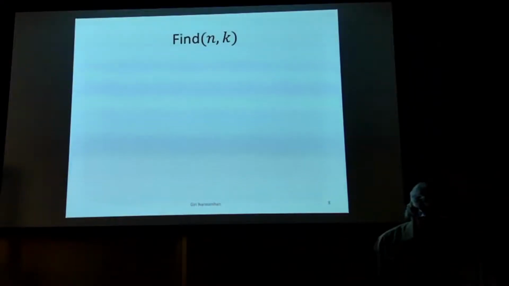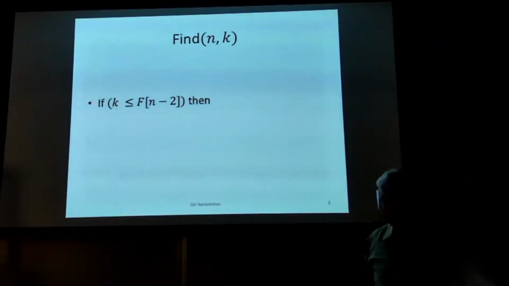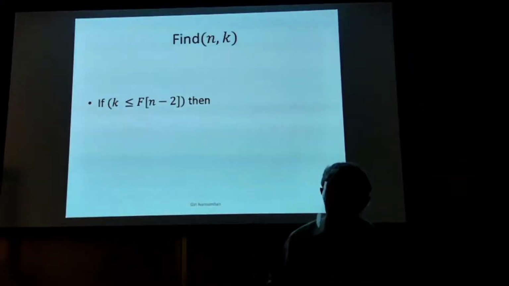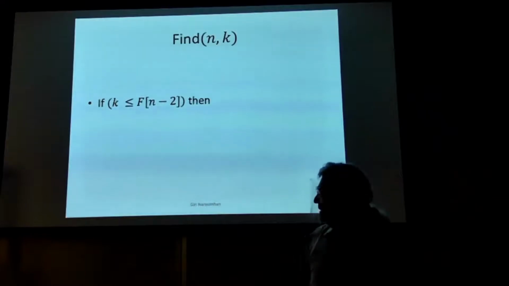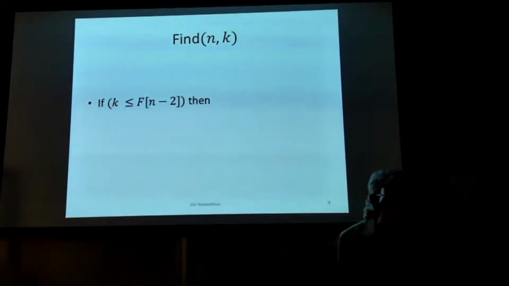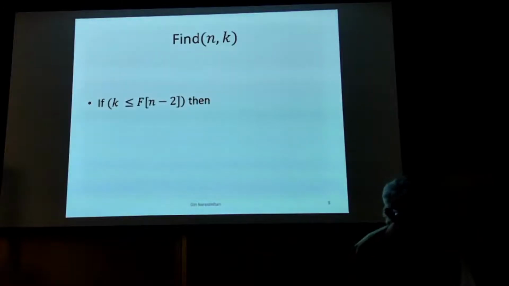We're going to check if k is less than the n minus 2th Fibonacci number. If it is, then what's the recursive call? You reduce n to n minus 2, and k stays by itself.